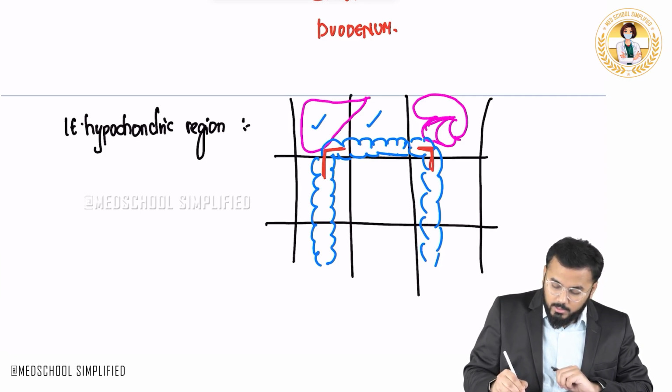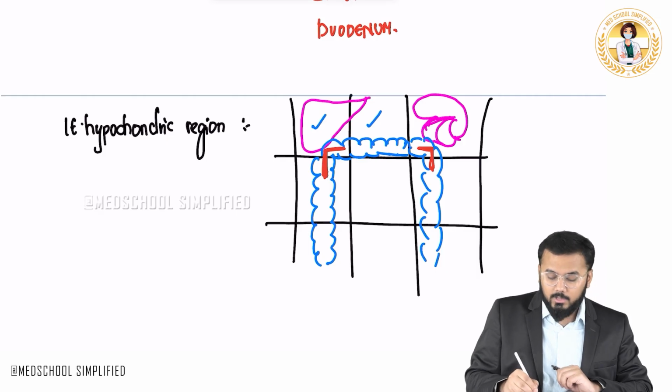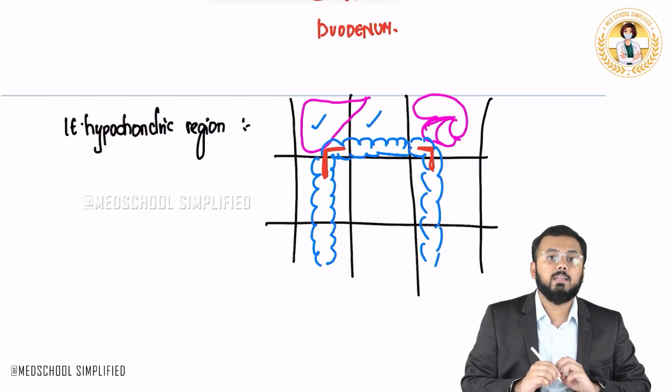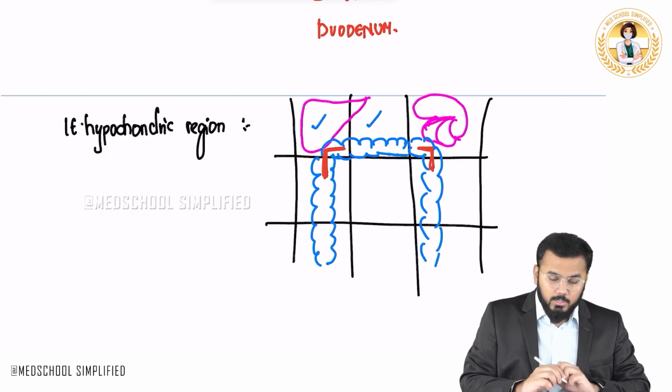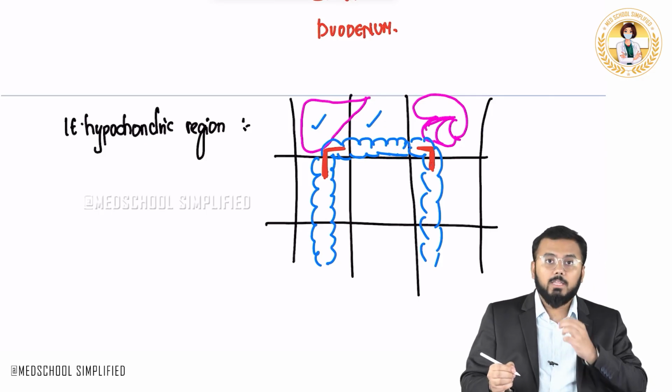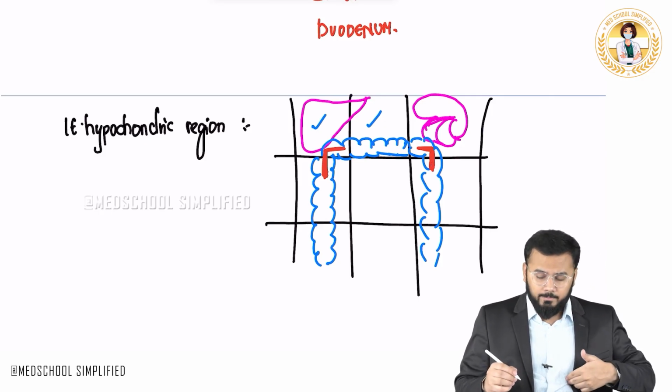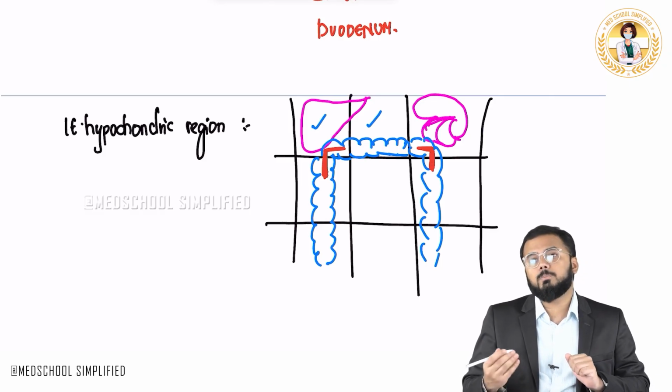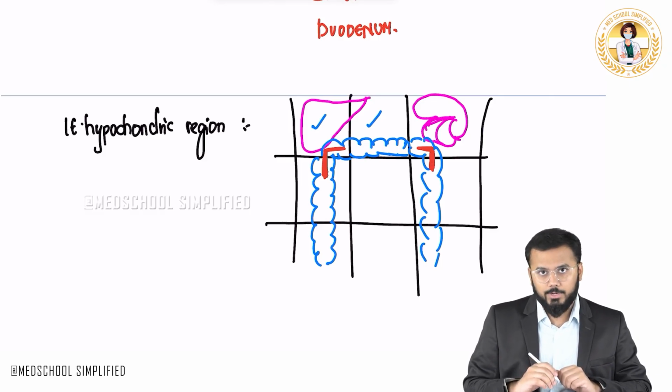And this corner on the left hand side, over the spleen, you call the splenic flexure, because there the spleen is located.